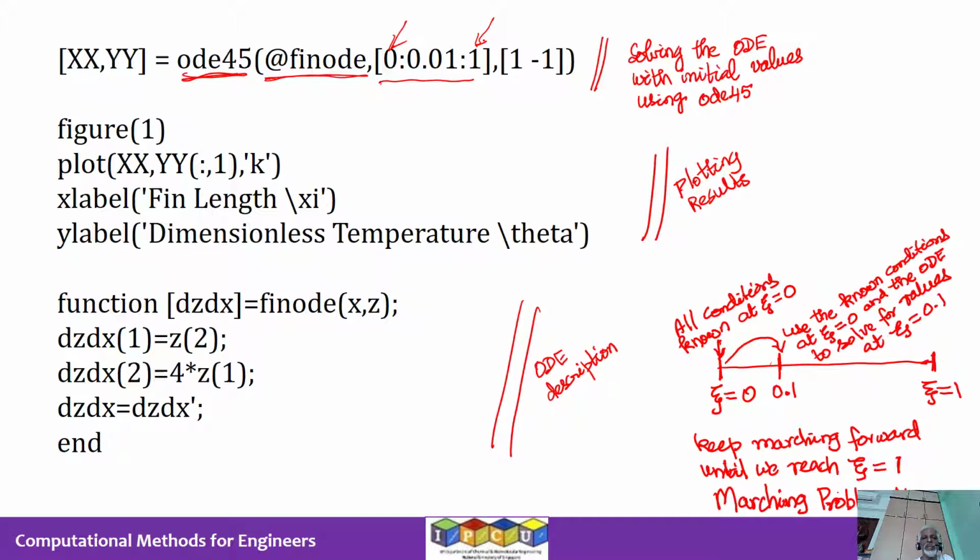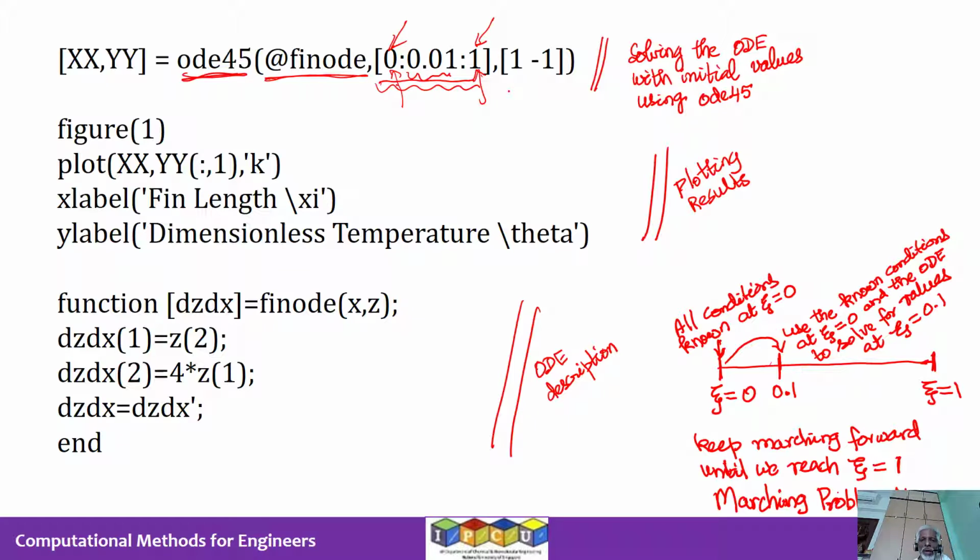Here the independent variable psi goes from 0 to 1, and I want to break this domain into 100 parts to get a smooth curve. So I start at 0, the left boundary, which is the base of the fin, and go in steps of 0.01 units to the tip of the fin, which is psi equal to 1, the right boundary. This is what is called the span of the independent variable.